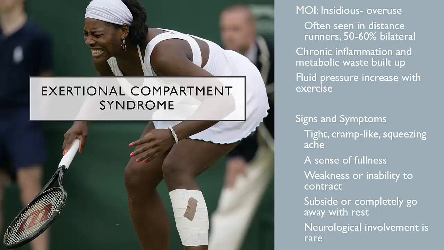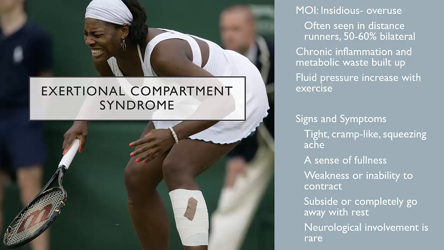Exertional compartment syndrome. The mechanism of injury is typically insidious and is considered an overuse injury. This is often seen in distance runners. 50 to 60% of individuals will have bilateral symptoms. This is chronic inflammation and metabolic waste builds up within the compartment of the lower leg.